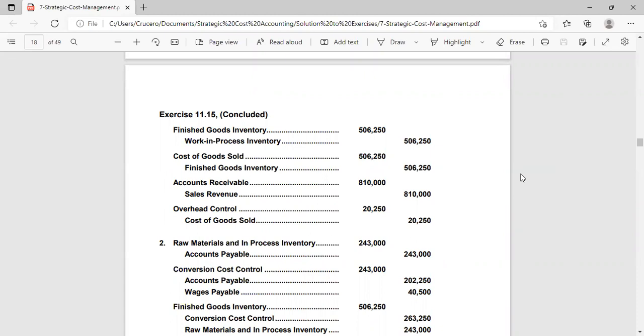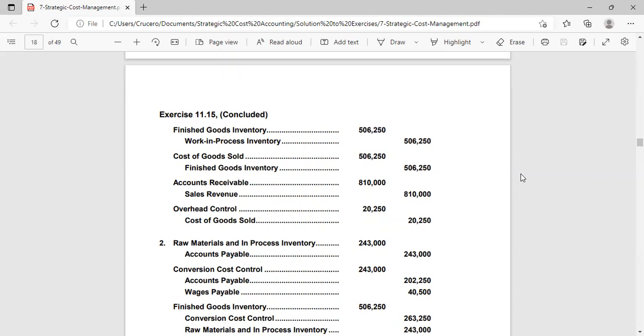Debit overhead control, 20,250, and credit cost of goods sold. So in other words, this is the factory overhead variance, which is the difference between the amount applied of 222,750 and the actual of 202,500.